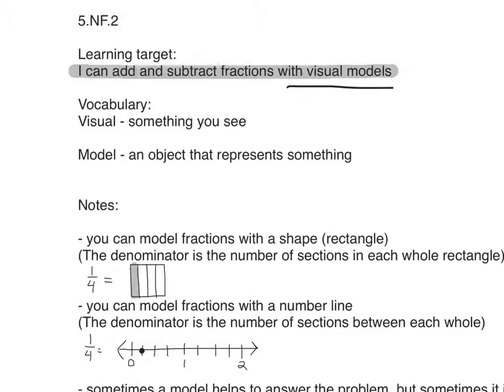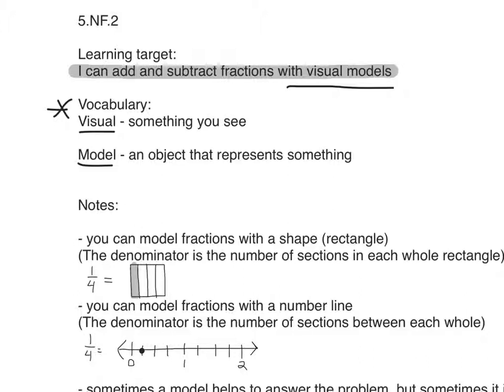So anyway, vocabulary. You need to know what we're talking about when we say visual models. Visual is something you can see. If you're goofing off and I wave my hand in the air and you see that, that's a visual cue, as opposed to if I yell, "Hey, be quiet," that's a verbal cue. Verbal is something you hear, but visual is something you see.